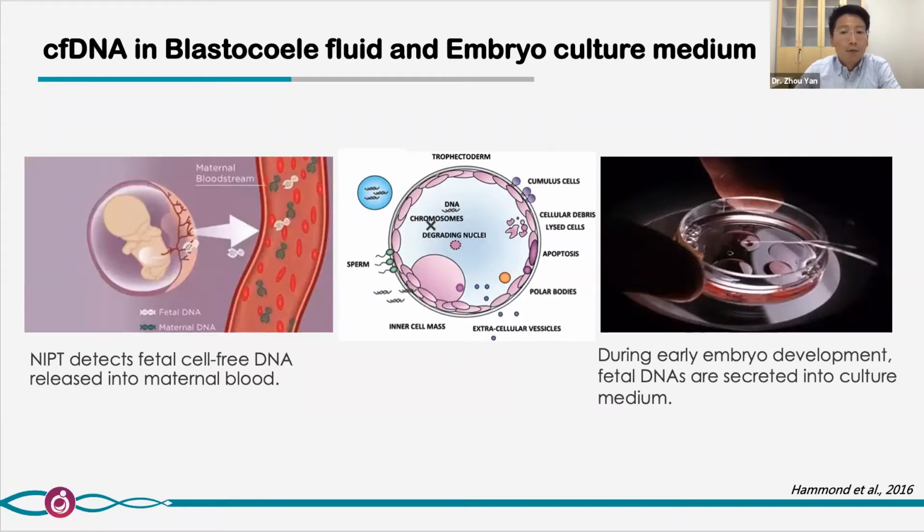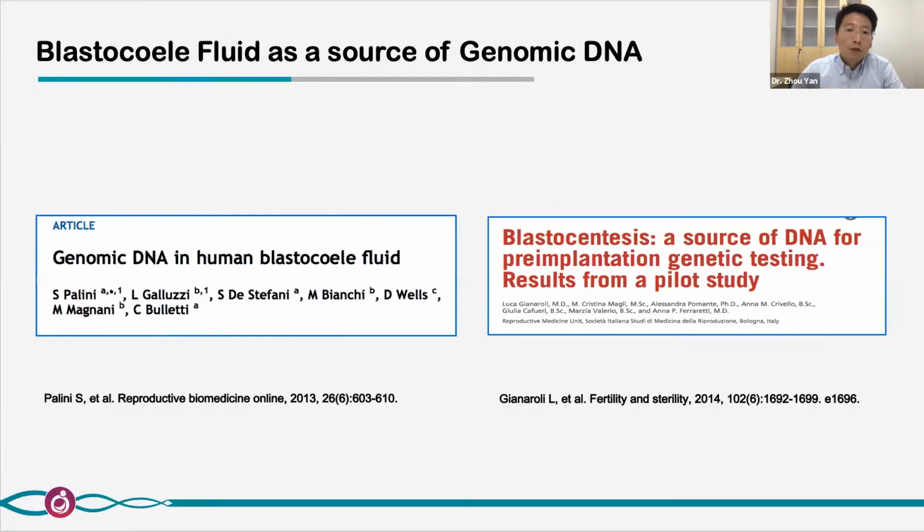By the same principle and mechanism, embryonic material can also be released from apoptotic cells into the blastocyst fluid, as well as the culture media, during in vitro culture in a dish. Research has shown the presence of embryonic genomic DNA in the blastocyst fluid.